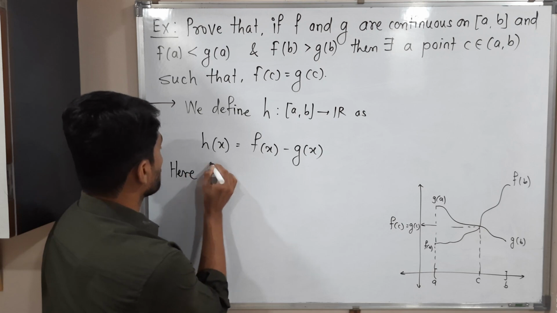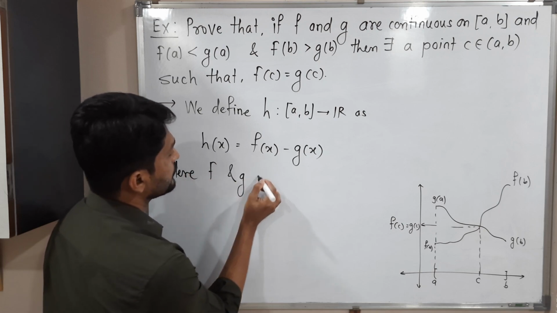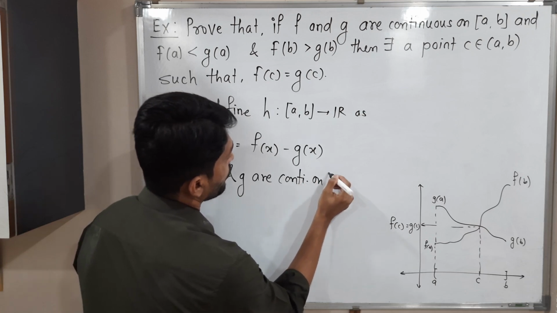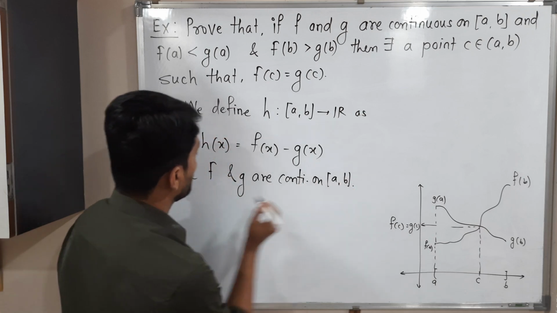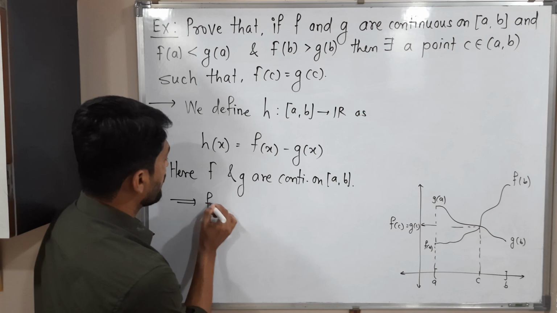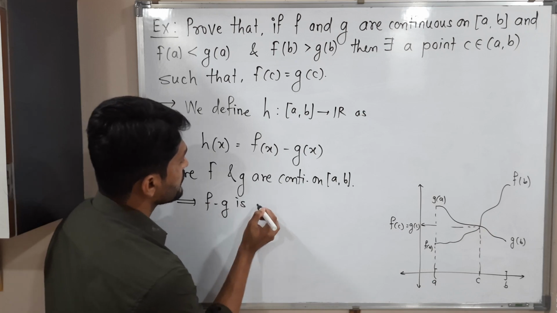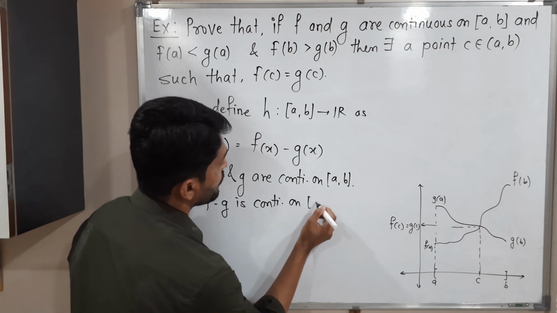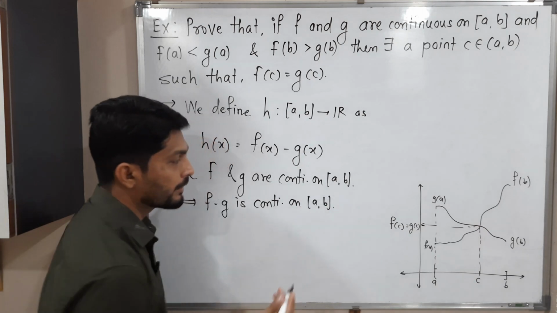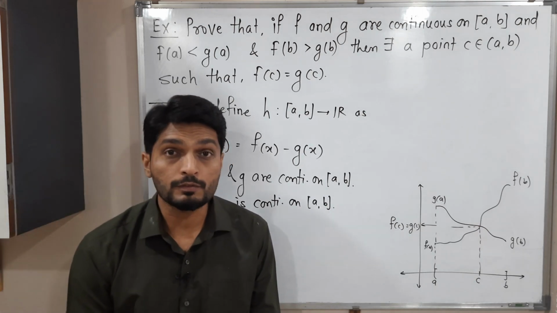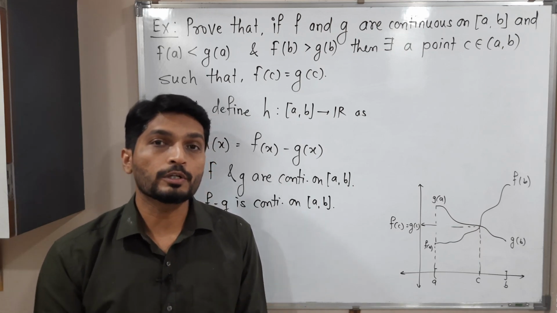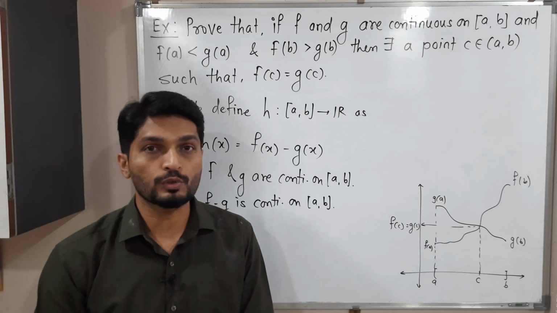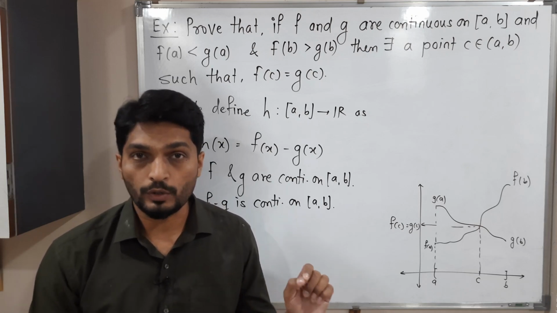Let me mention here: f and g are continuous on the closed interval AB, then f minus g is also continuous on the same closed interval AB. We have already seen that if you have two continuous functions, their addition is continuous, subtraction is continuous, multiplication is continuous, and division is also continuous, provided the denominator is not equal to 0.